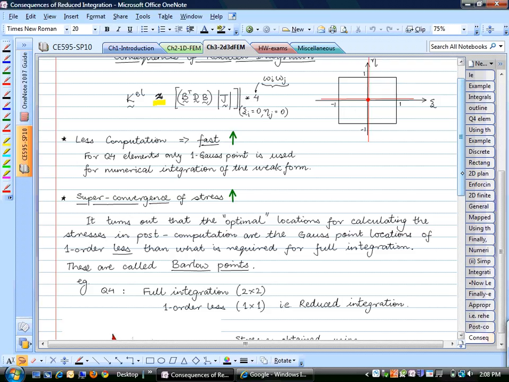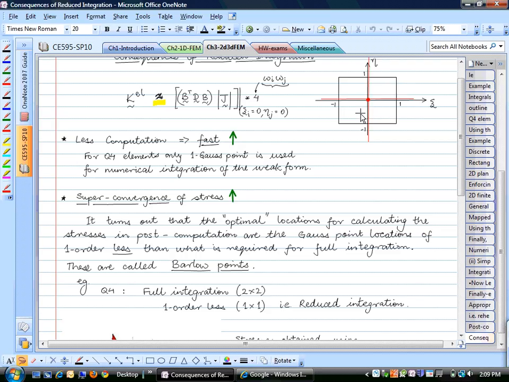And they found that if you calculate your stresses, instead of calculating them at the 2 cross 2 Gauss points, at one order less than what is required for full integration, so if you remember, for the Q4 element the full integration was 2 cross 2, and one order less would be 1 cross 1, we get an optimal convergence in terms of stresses.